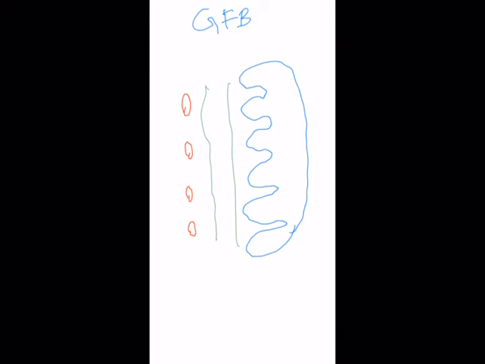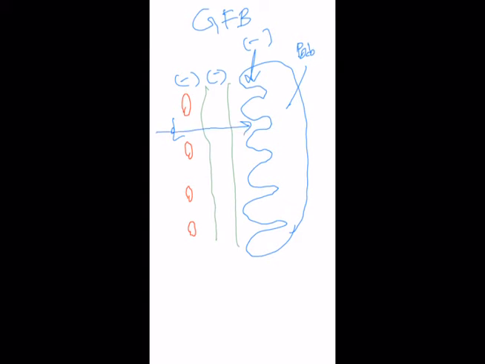The endothelium, the glomerular basement membrane, and the epithelium are all negatively charged. But the most negatively charged are the foot processes, which are in the podocytes. So the most negative charge is in the foot processes of the podocytes. These gaps are very small, and they only allow small substances to pass through.